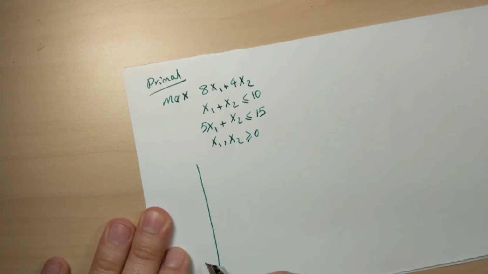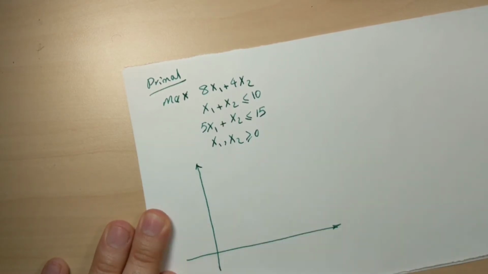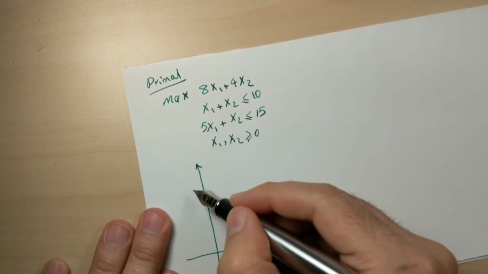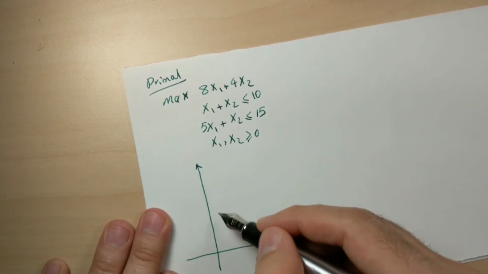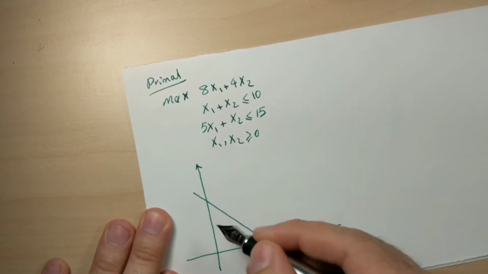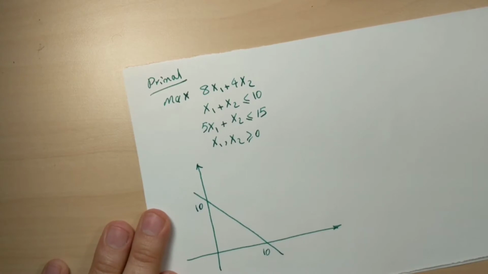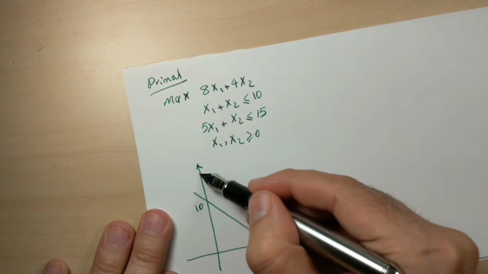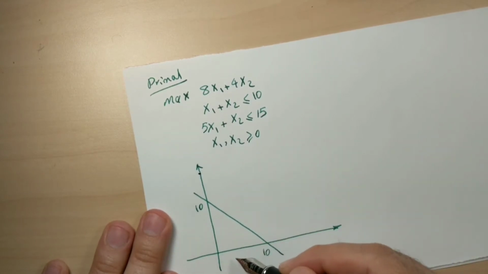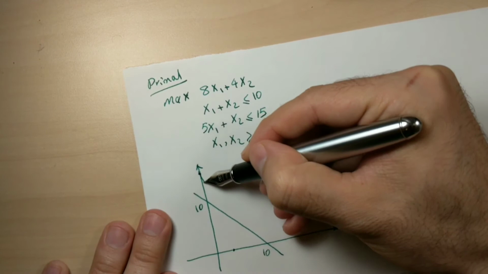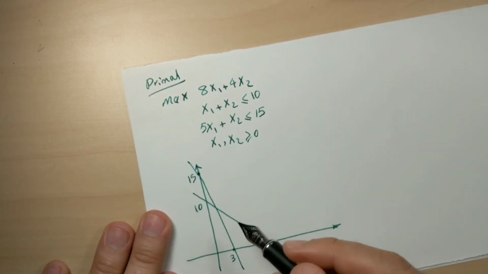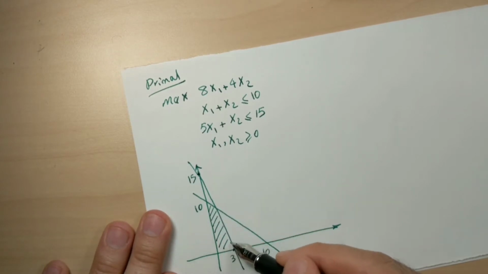If you draw this problem, you will get 10, 10 for the first constraint. The second constraint will be 15 here, 3 here. This is the feasible region.